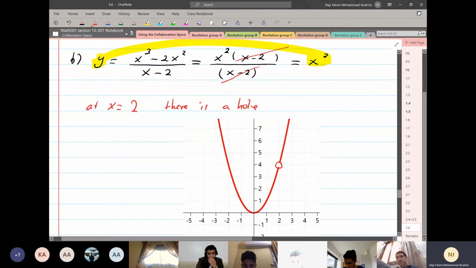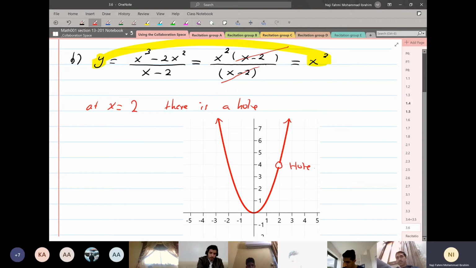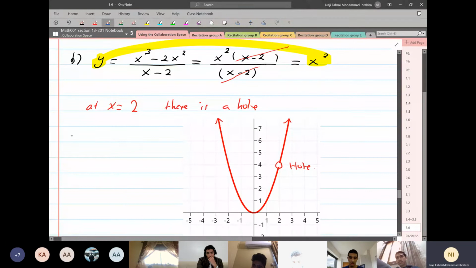This is our graph now. Again, there is a hole at x equals 2. Now, can anyone tell me when is this graph increasing? From 0 to 2 and union 2 to infinity.